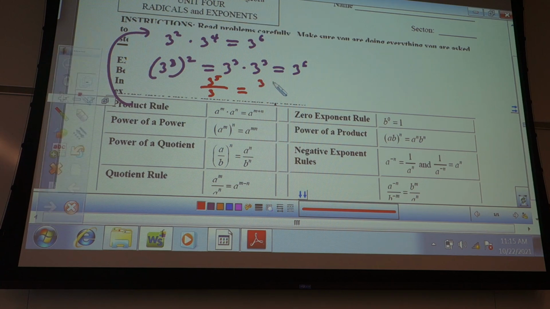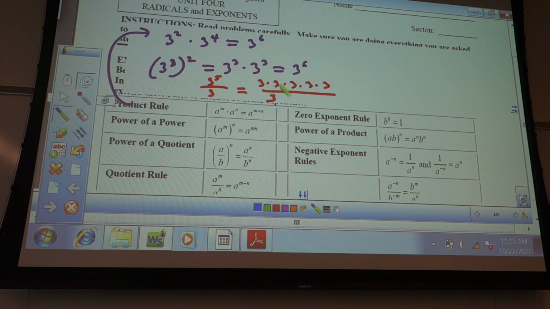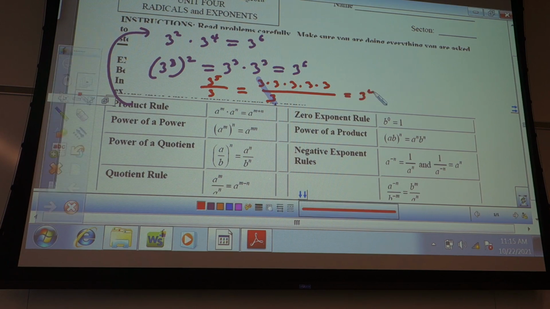Because this is 3 times 3 times 3 times 3 times 3. This is just one 3, and remember we talked about 3 over 3, that's just another form of 1. That cancels out, so you're left with 3 to the fourth. If there's an imaginary 1 on the bottom. Yep.